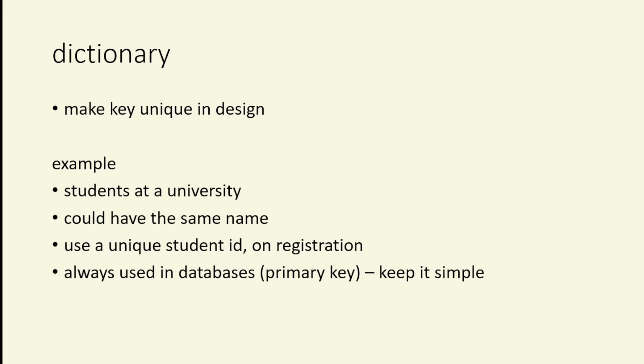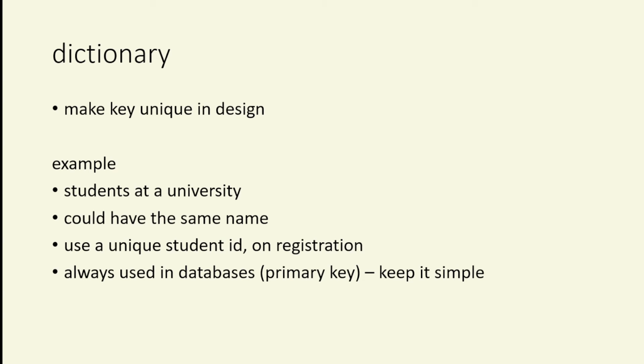So a dictionary is already a good way to store values using a key, as long as that key is unique. Make your data so you can have a key that's unique. We already do that in databases. So for example, say we've got many students at a university. Some students could have the same name.